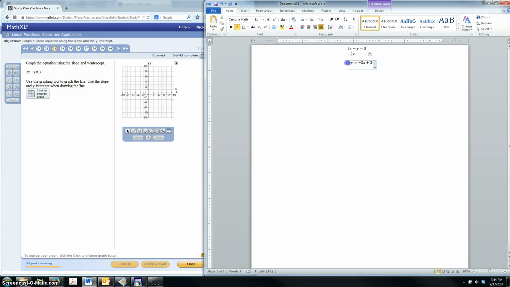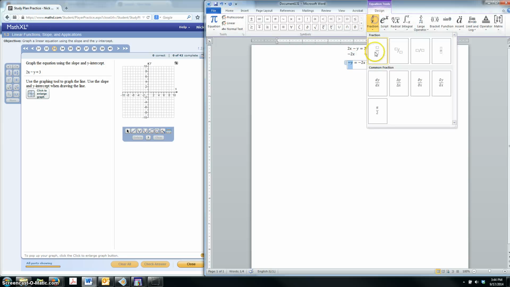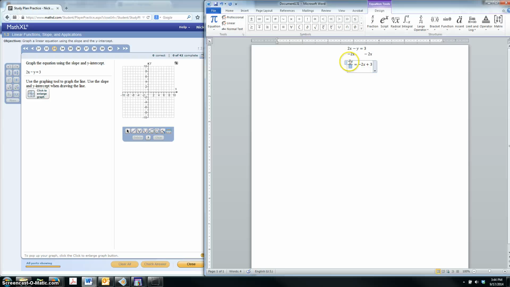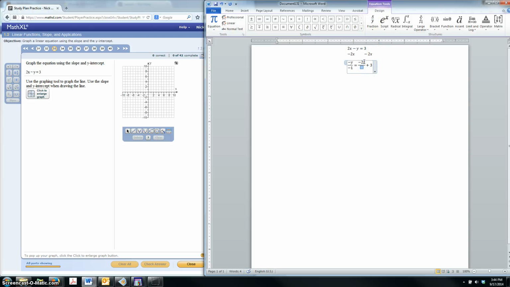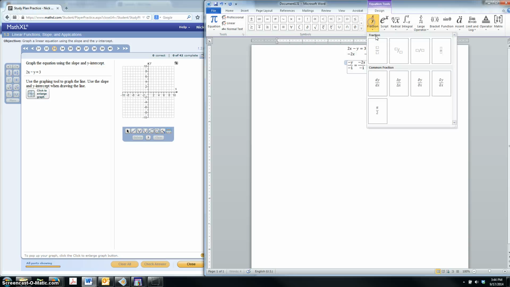Again, we're trying to get this in slope-intercept form, so to get y by itself, we're going to divide each of these terms by negative 1.